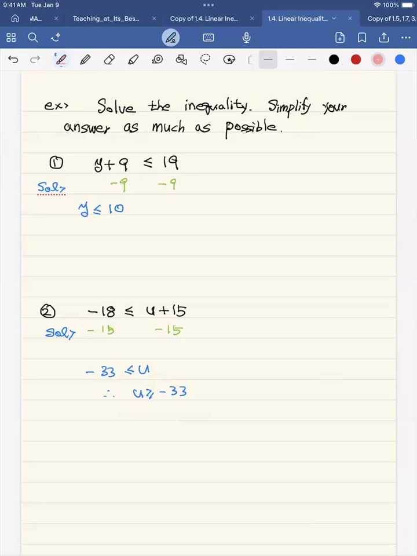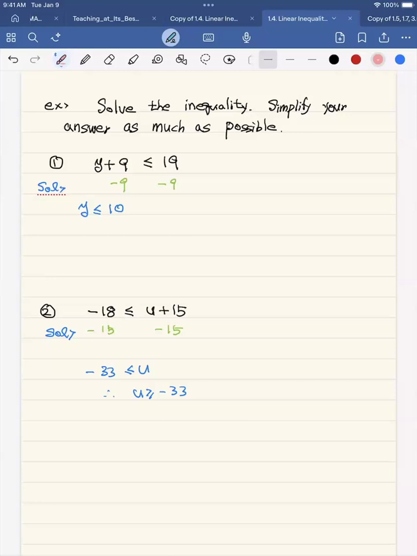In the next problem, we have to solve the inequality and simplify the answers as much as possible. As in the equation, the final goal will be to have the variable by itself on the left side.